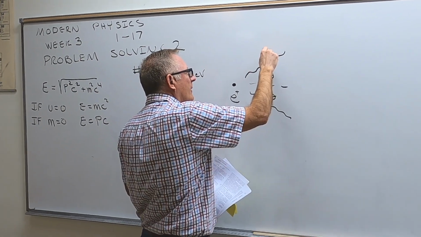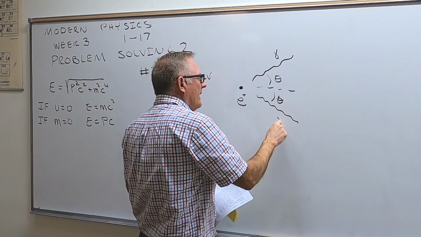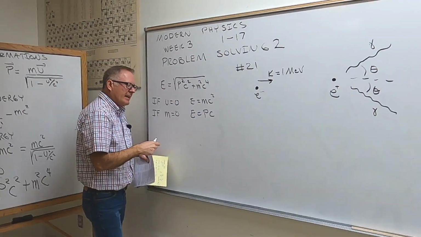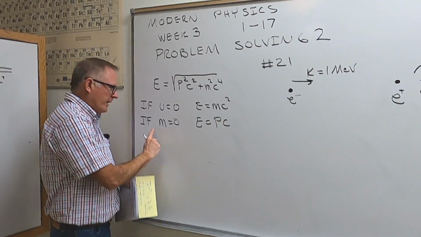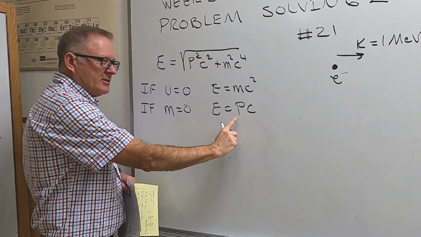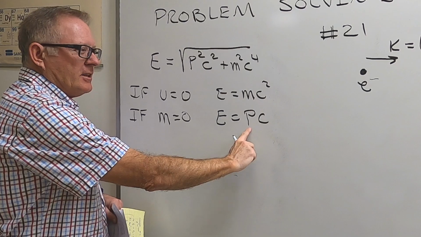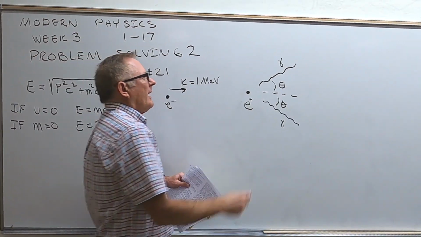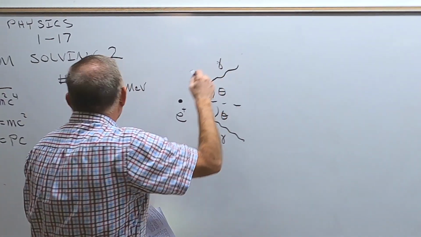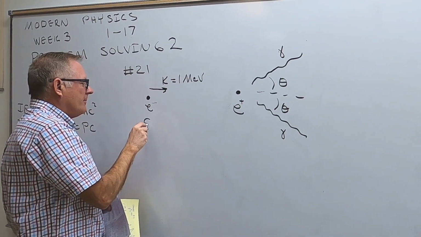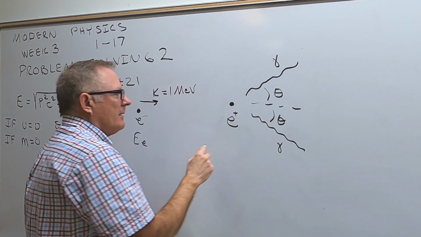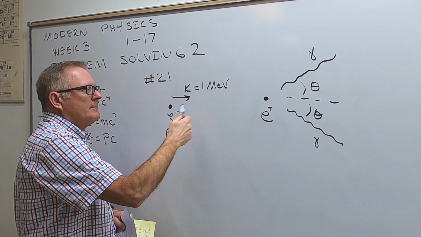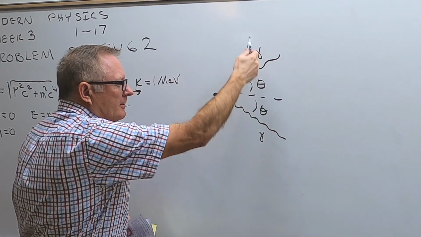And here are your two gamma rays, a gamma and a gamma. So those are the two particles of light. Light has no mass, so we can say this is the relationship between the energy and the momentum for the gamma rays right here. Okay, so this has a certain energy, let me call this E sub E, and has a certain amount of momentum, and these have a momentum too.